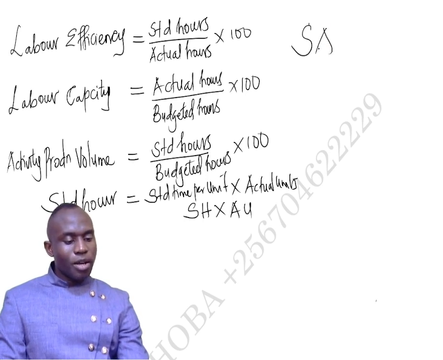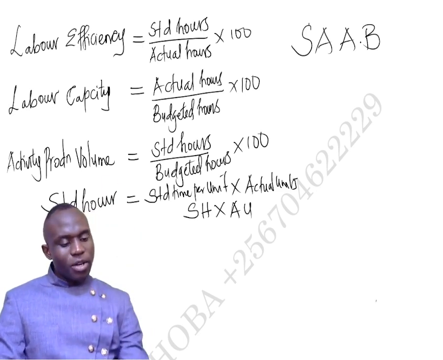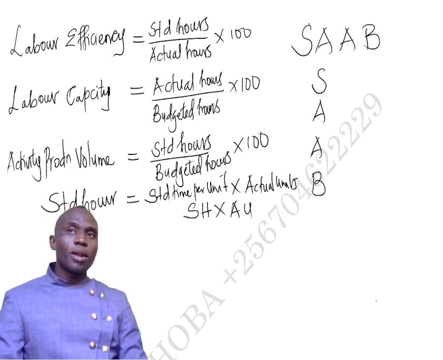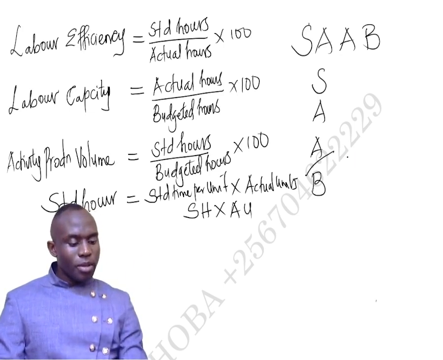The word is SAB. Now this word is just written downwards. You write it downwards: S, A, B. And what does it mean? You know the alphabet: ABC. So A over B is giving us the capacity ratio.